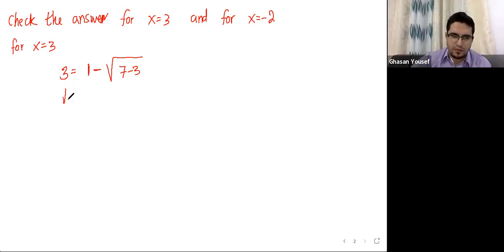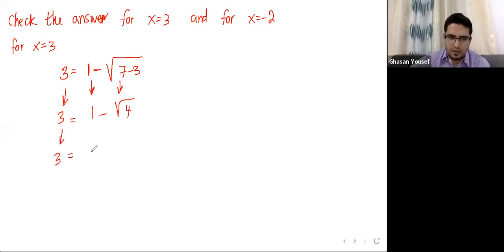So here I will go down 3 equal 1 minus, the square root of 7 minus 3, they give me square root of 4. Now again goes down 3 equal 1 minus 3. So 1 minus 3, they give me what? 3 equal minus 2.